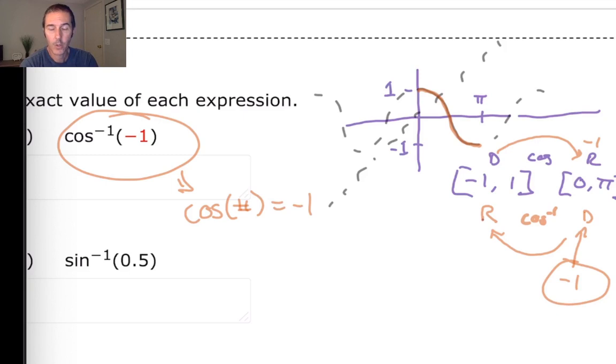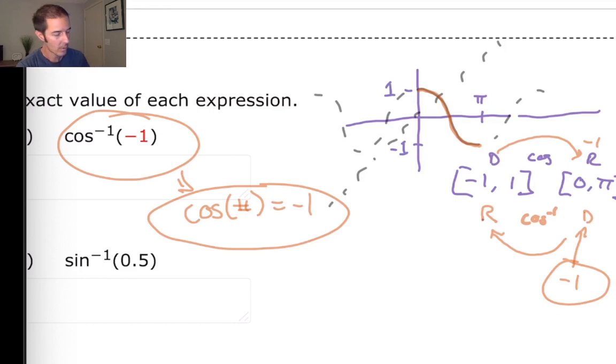Once I determine that the question is actually answerable, then I reframe the question in my mind like this. And in order to answer that question, you could draw triangles and make sure that you're putting them in the correct quadrants. You can talk about adjacent divided by hypotenuse and how is that going to end up giving me an answer of -1. All of those are very valid ways to answer this question.